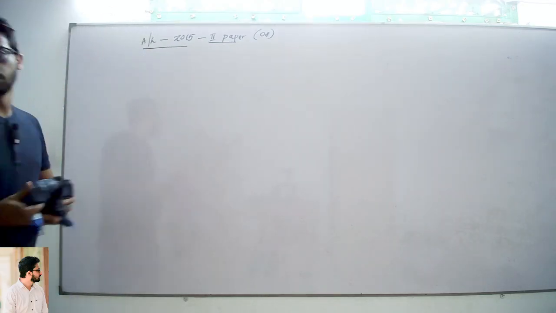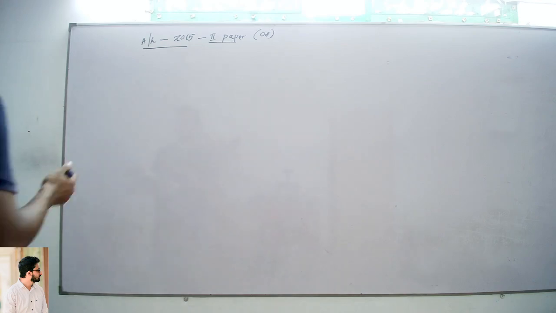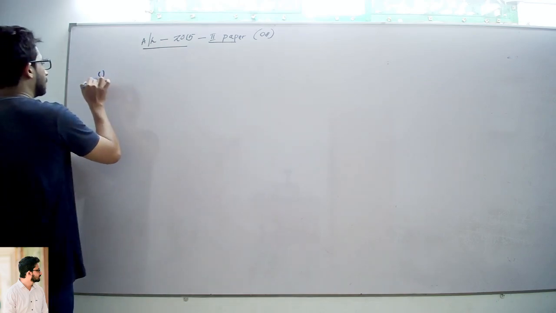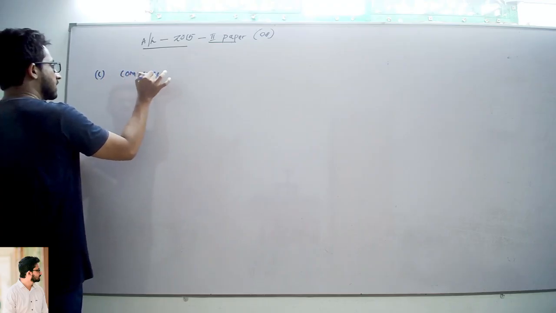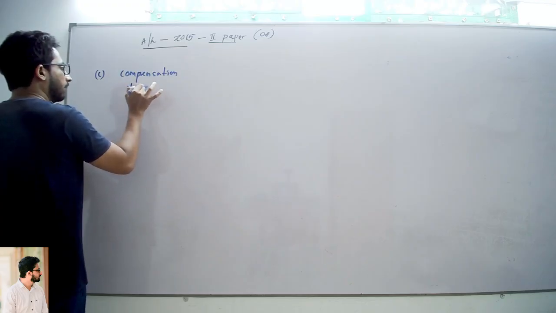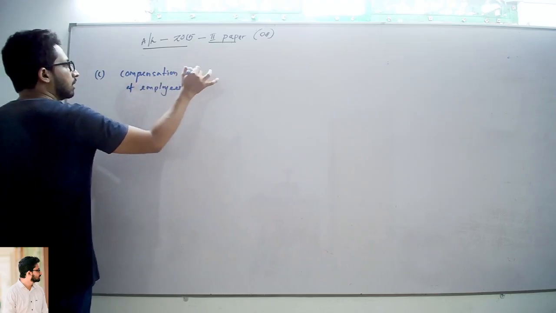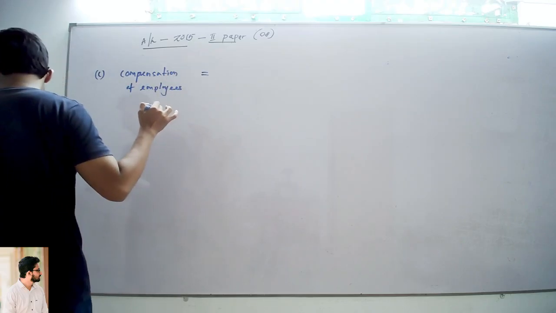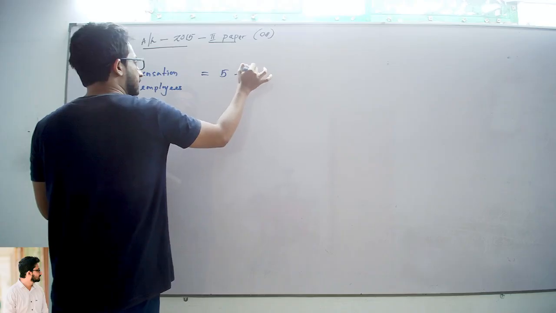What are the values for number one? Not interest, compensation of employees. First one, compensation of employees. Put the receipt, how much? 5, payments 10.